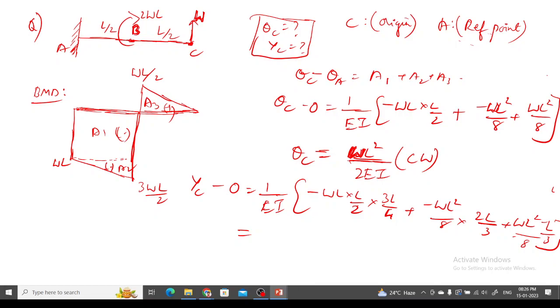Okay, from C origin, 2L by 3 plus L by 2, is what you are saying for x2. Okay, L by 2 plus L by 3. Okay, so it should be 2L by 3. Fine, right? Okay. Up to this, everything is correct what I have done.